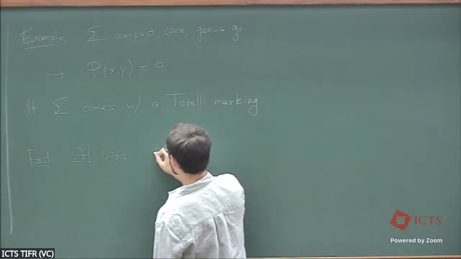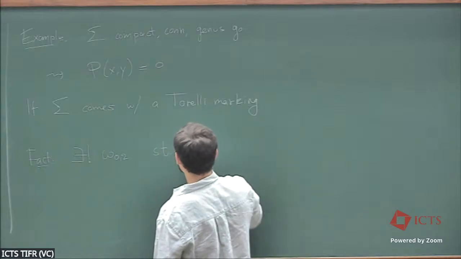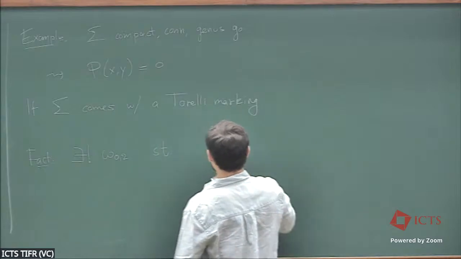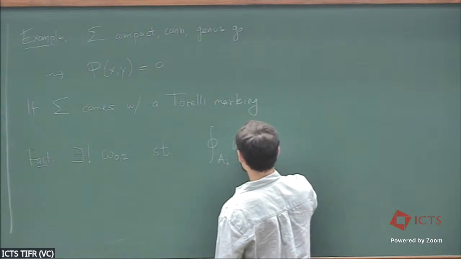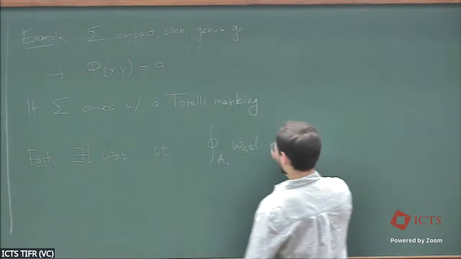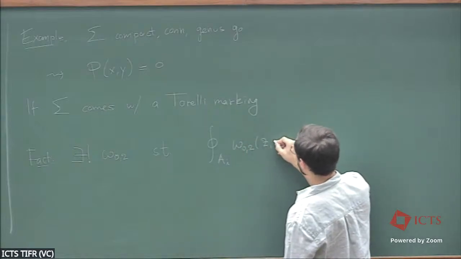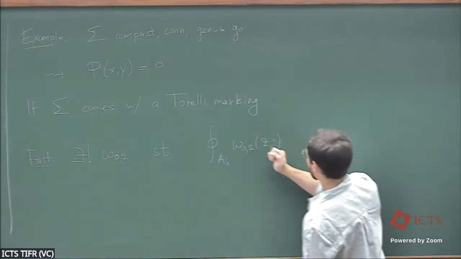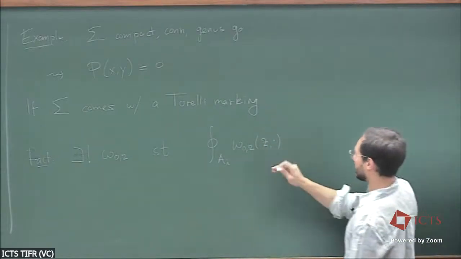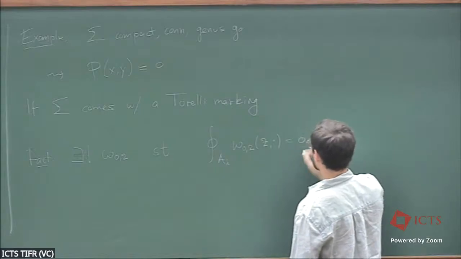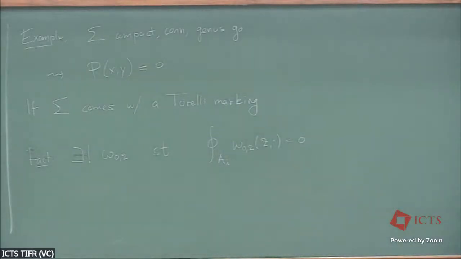So there's a unique omega 0,2 such that if you take the integral of this object along the A cycles with respect to, let's say, the second variable, the result here is equal to 0. I will give you an example in a second.